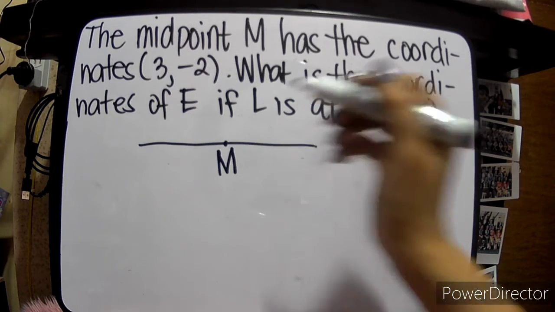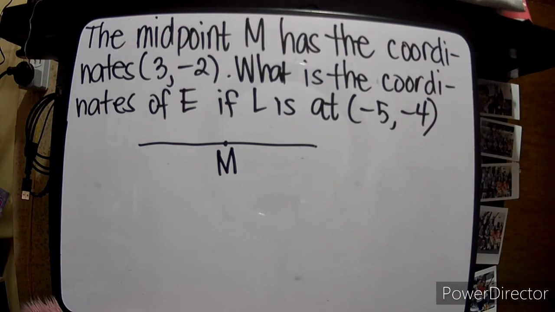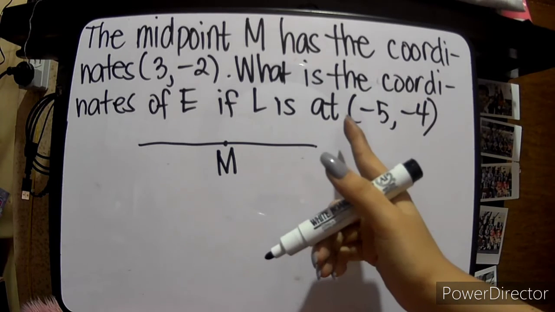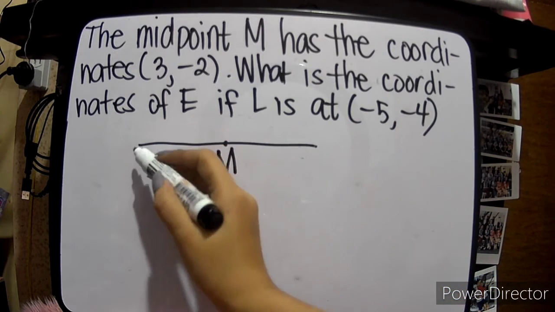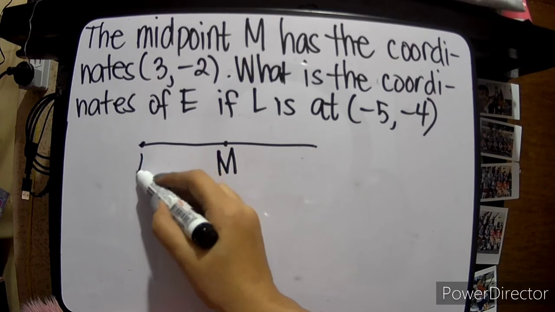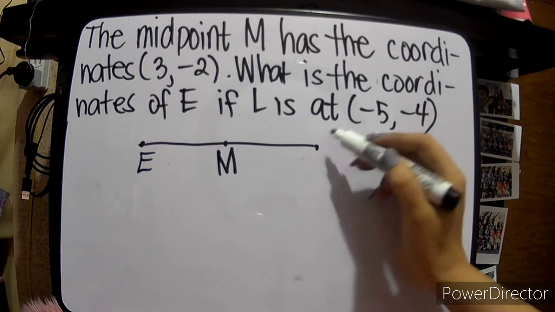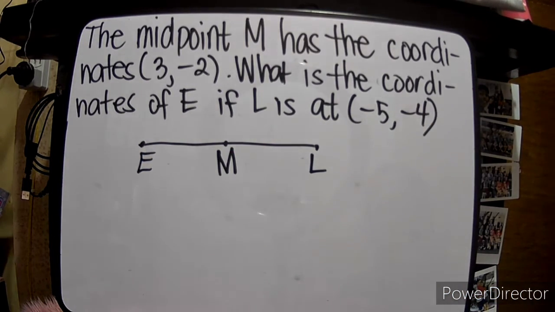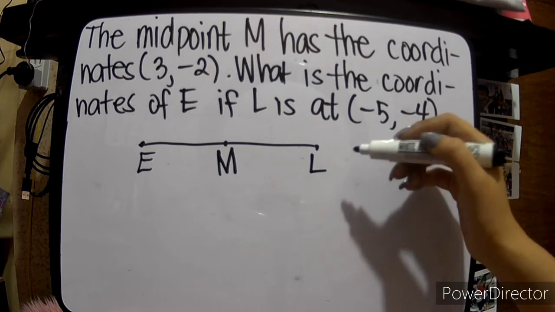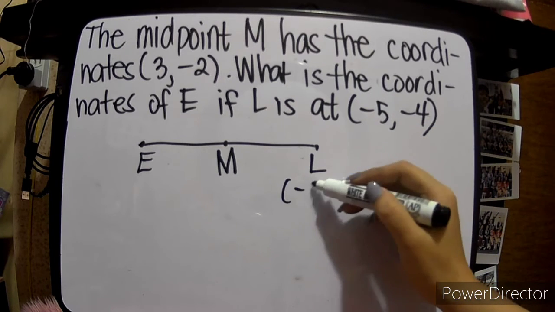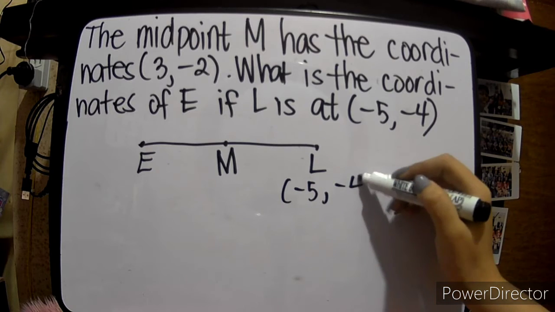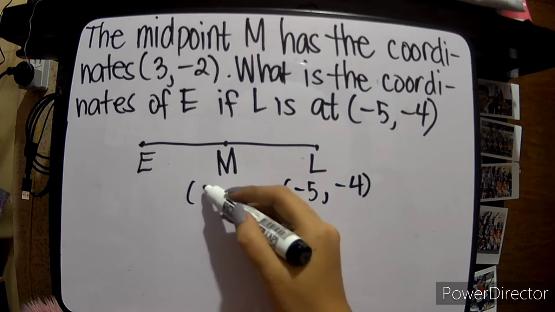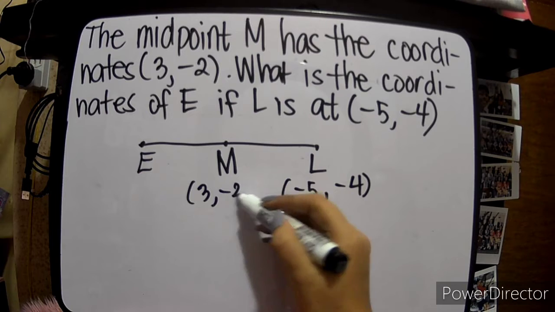M yung midpoint, and then yung nasa gilid niya ay E and L. So, yung L daw is (-5, -4), while the midpoint is (3, -2).